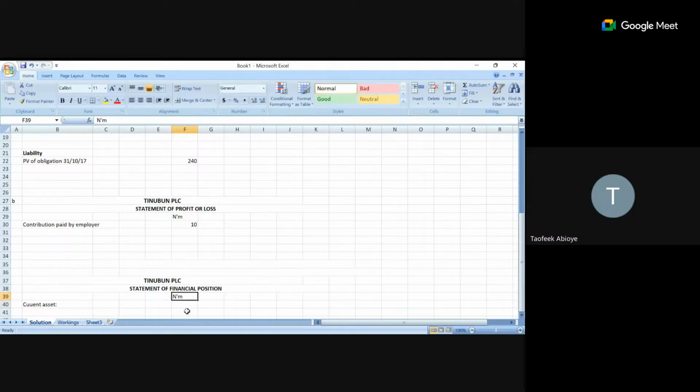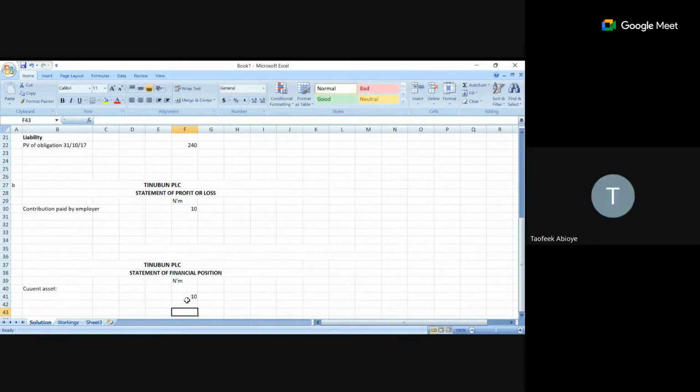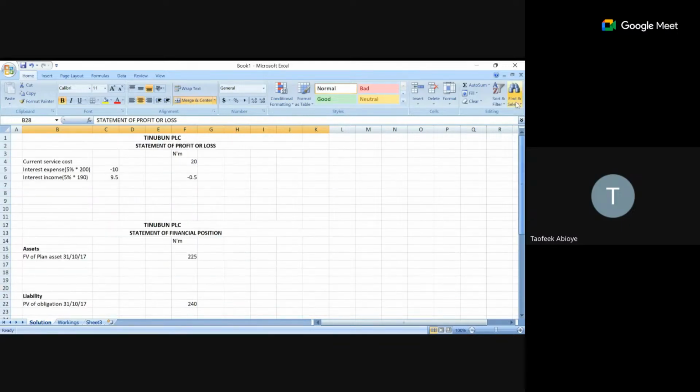What we need to just do is just to check past question. I think the last one was like straightforward. So since it has been paid, you just put it as bank here. That is IAS 19 for us.